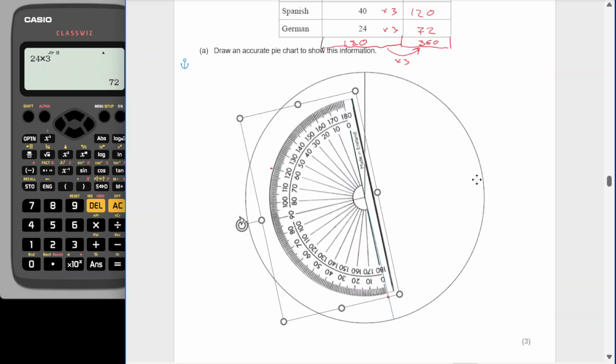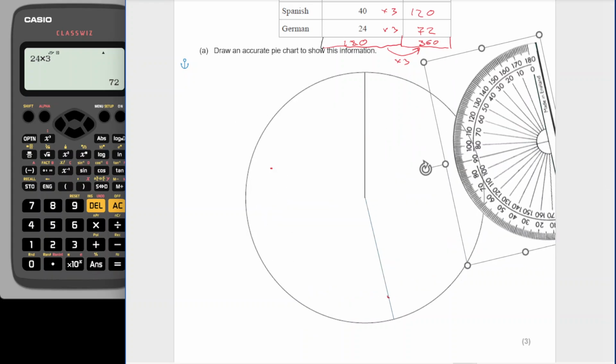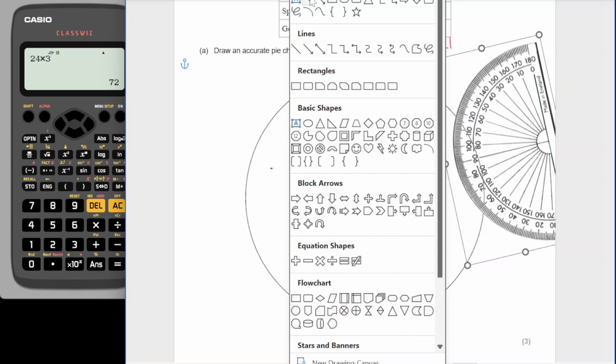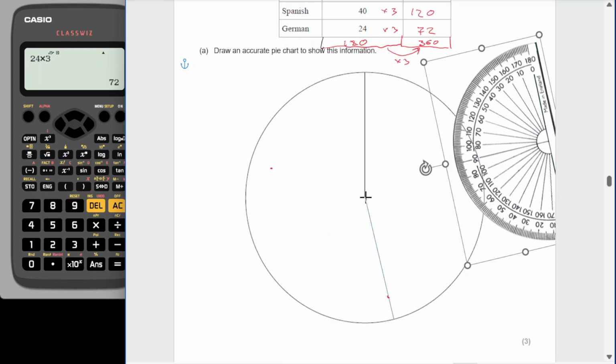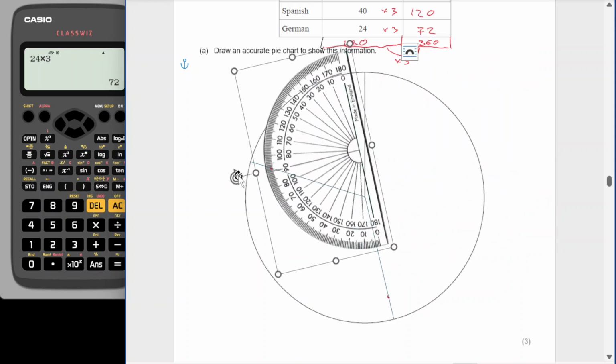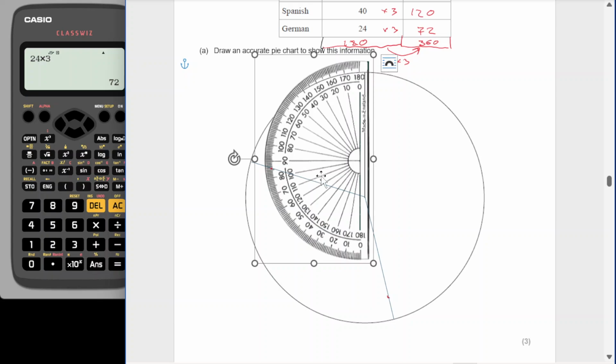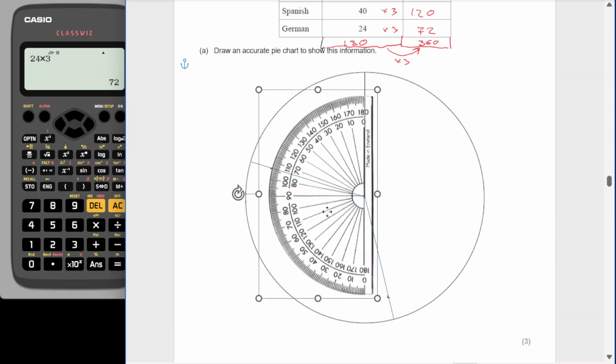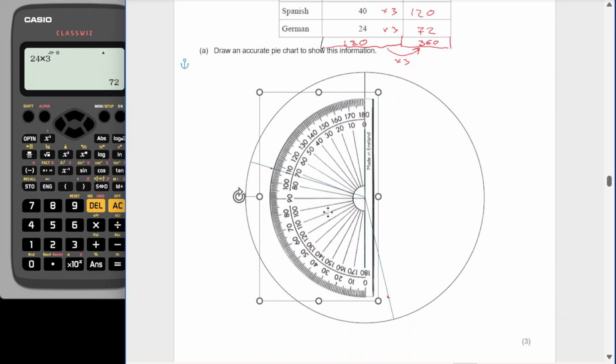So again, a straight line through that point. And then if I've drawn that accurately, that final angle should be 72. So let's just have a quick measure of that. Now I'm measuring from the inside, and that's pretty much bang on 72.